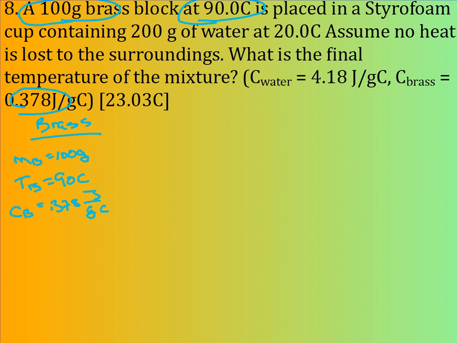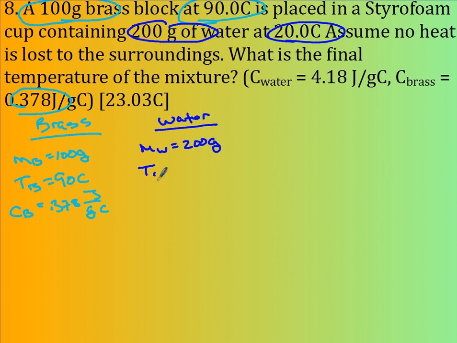Now I'm going to come over here and in blue put everything for water. Okay, so here's the water. So the mass of the water is 200 grams. And the water starts at 20 Celsius. And I know C for water is 4.18 joules per gram Celsius. I told you this was going to wind up coming up. We want it all in joules, so this is okay.